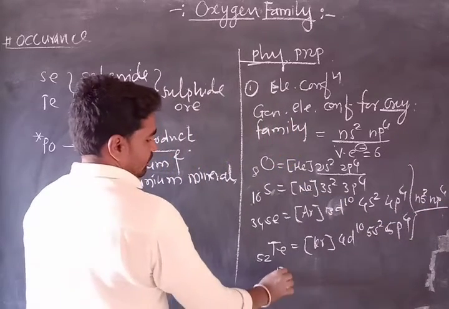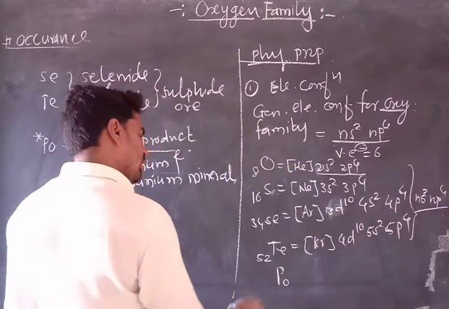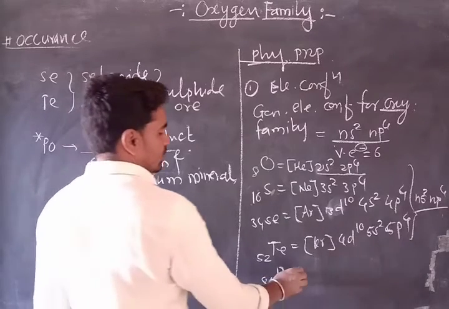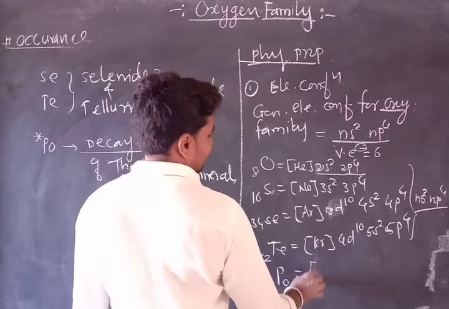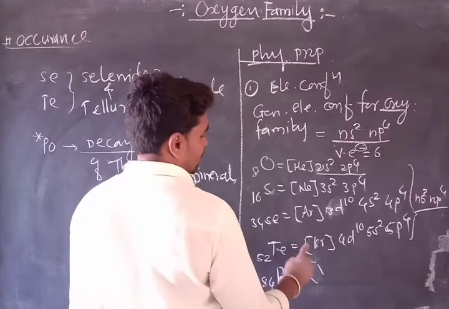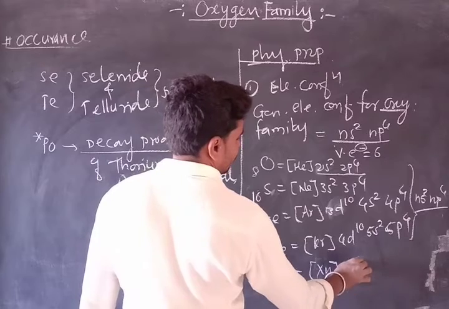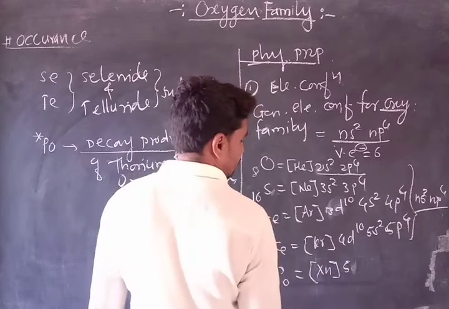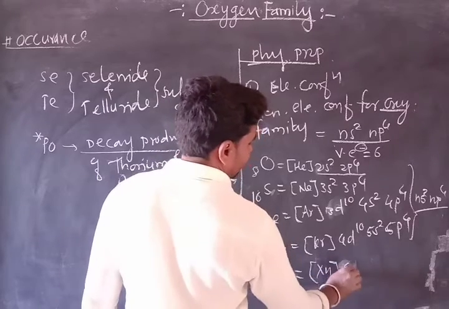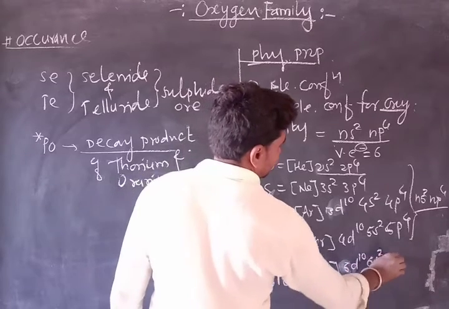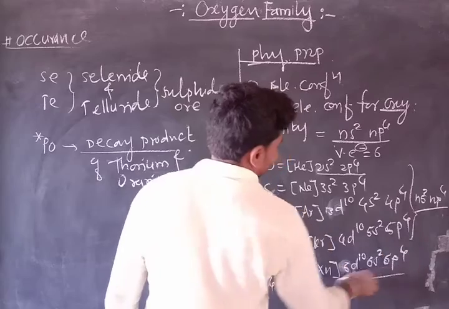We will take the example of polonium having atomic number 34, and its electronic configuration is argon krypton xenon 5d10 6s2 6p4, like this.